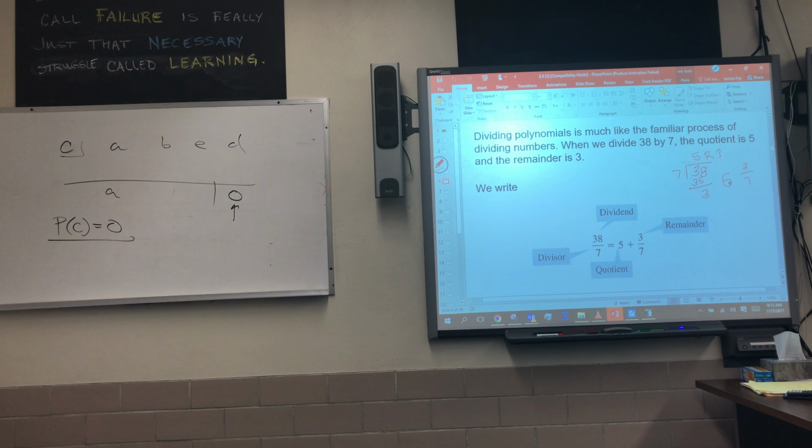If I multiply that back out, we either put a plus sign here or make it a mixed number of 5 and 3 sevens. 5 times 7 is 35, plus 3 gives me 38, so I get 38 over 7 here, 38 divided by 7. That procedure is going to be the same for what we do today. It's just with polynomials. So it's not going to be that easy, but the logic is the same.